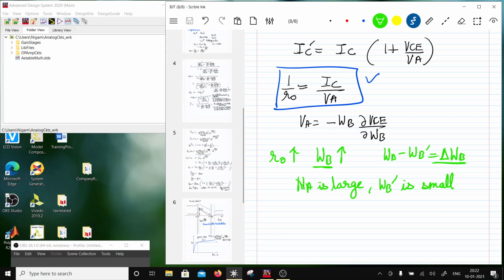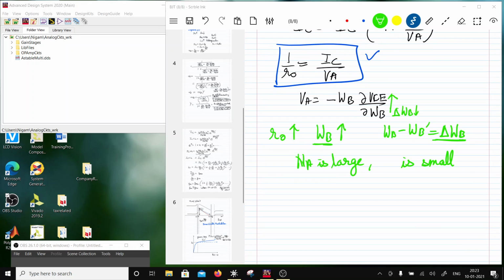So if Na is large, delta WB is going to be small with VCE, which means that this factor is going to increase because delta WB is going to be small. So that means that the output resistance is going to be large.